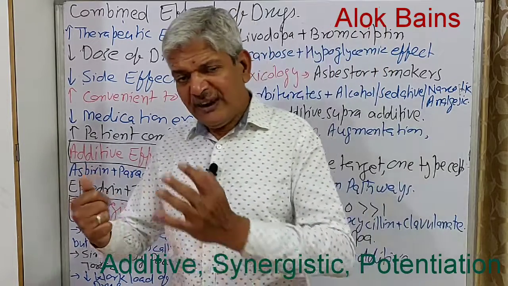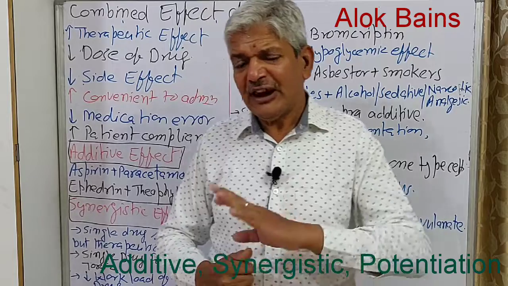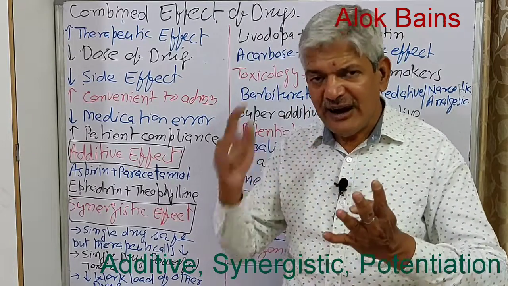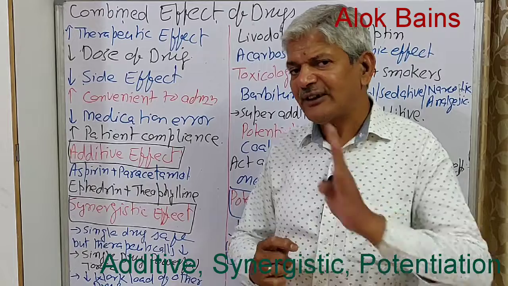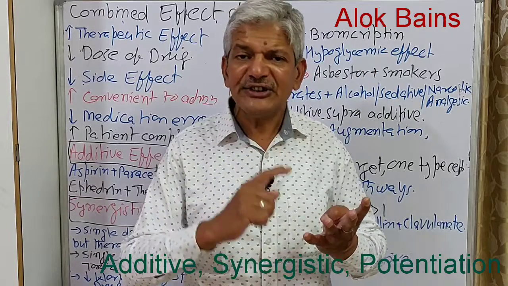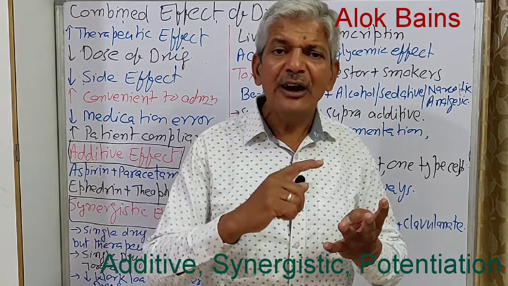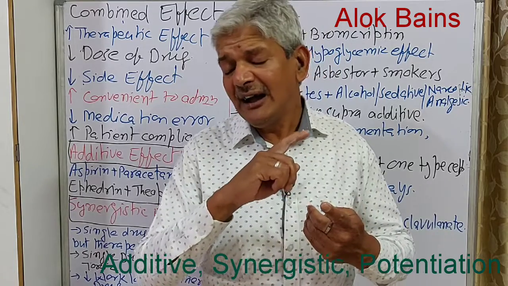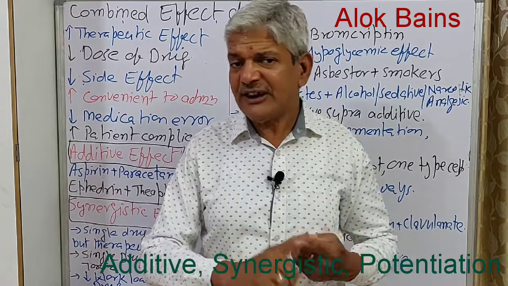Now, in the starting we studied that there are four effects in this category, the combined effects of drugs. Number one is the synergistic effect. Number two is the potentiation effect. Number three is the additive effect. And number four is the antagonistic effect.